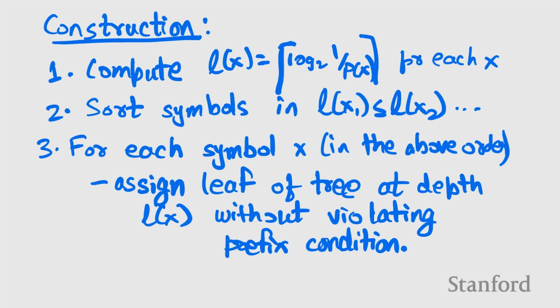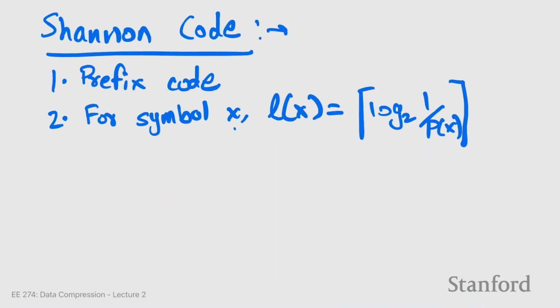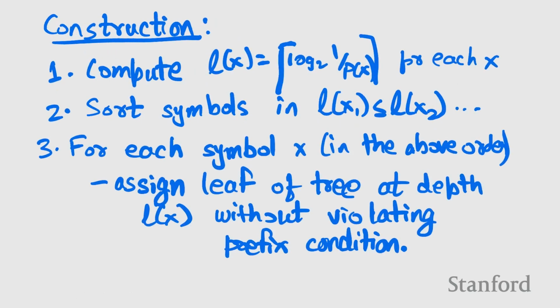Very simple idea. What you do is you know that your lengths have to be this log 1 by px thing, right? So you already compute the lengths. You sort the symbols in the order of their increasing length. Then for each symbol, let's say a symbol which has length 1. So in the tree, which leaves of length 1 are available without violating the prefix, and we'll see an example.